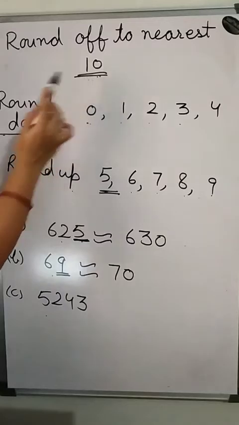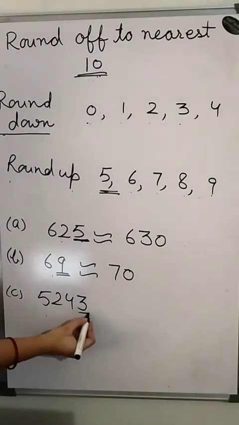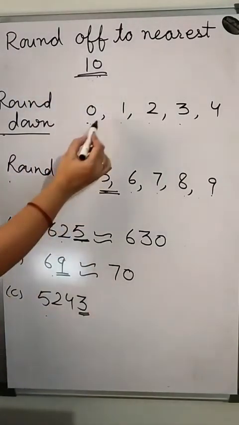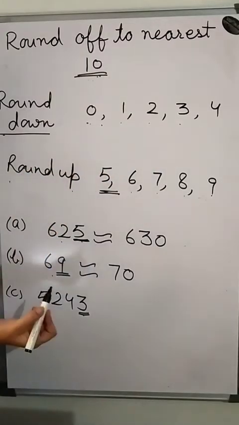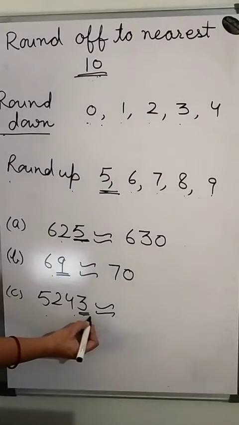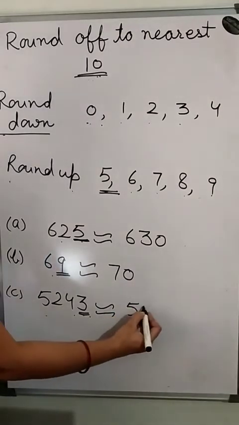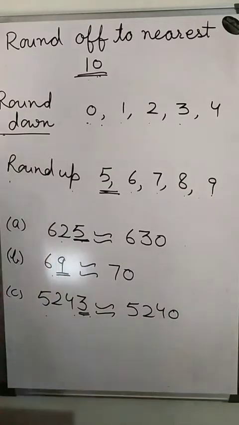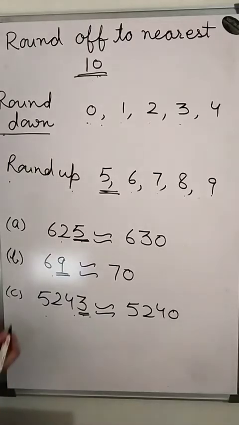We are converting to the nearest tens. So check its unit digit, it is 3. It is from this group. So we round down the number. 43 is nearly equivalent to 40. So we write down 5240. Right, everyone?